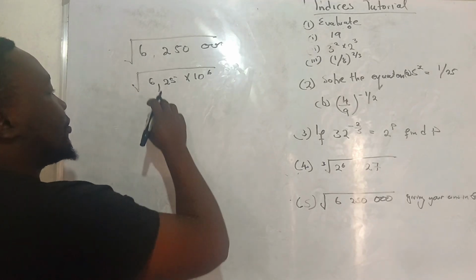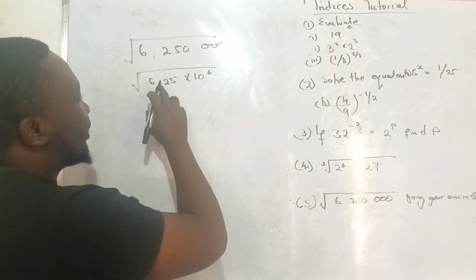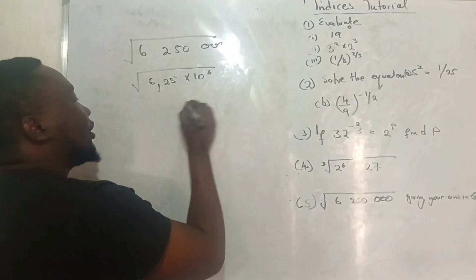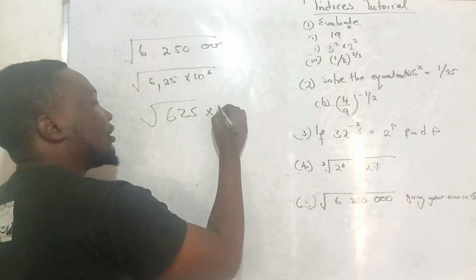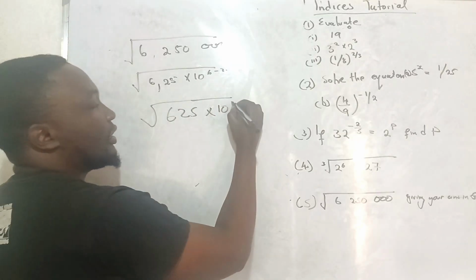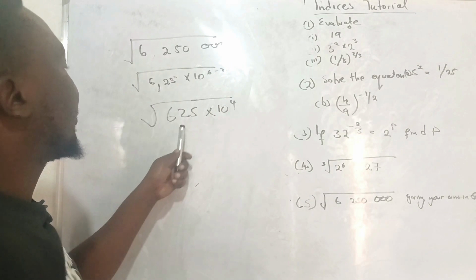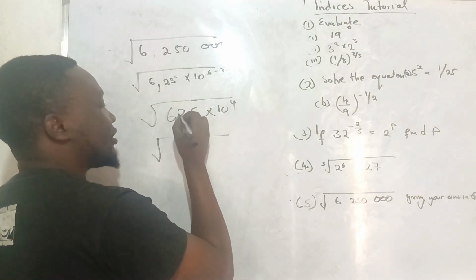You can choose to move a comma here just for evaluation. So 2 places down just for evaluation. So 2 places down, we subtract 2 from the power, so it becomes 4. Remember, 25 times 25 is 625.